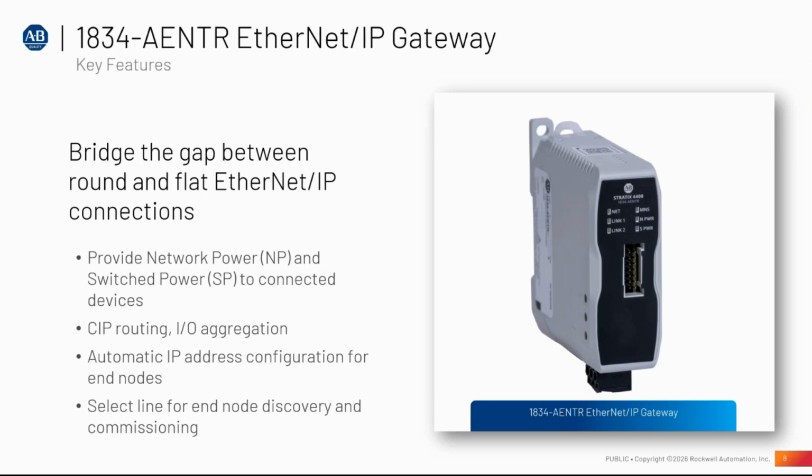There's automatic IP address configuration for all your devices downstream of this node. This node right here, you're going to choose the IP address. All of the following devices are going to be standard, and it's going to create a subnet of your network past this device.